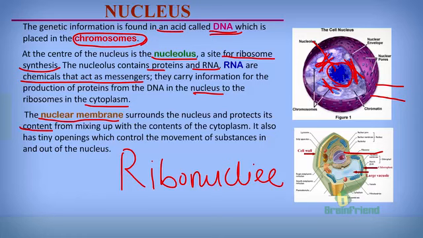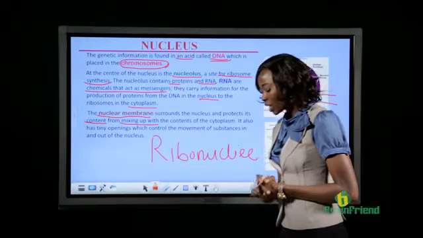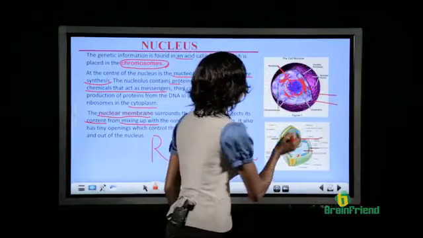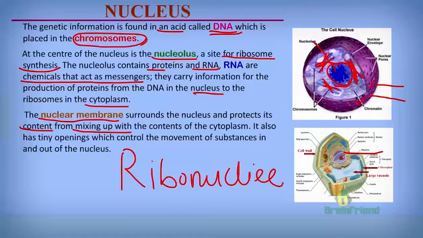Remember, the nucleus is within a cell inside the cytoplasm. The nuclear membrane protects the content of the nucleus from mixing up with the content of the cytoplasm. The nuclear membrane is also selectively permeable. It has tiny openings, tiny holes, that control the movement of substances within and out of the nucleus.